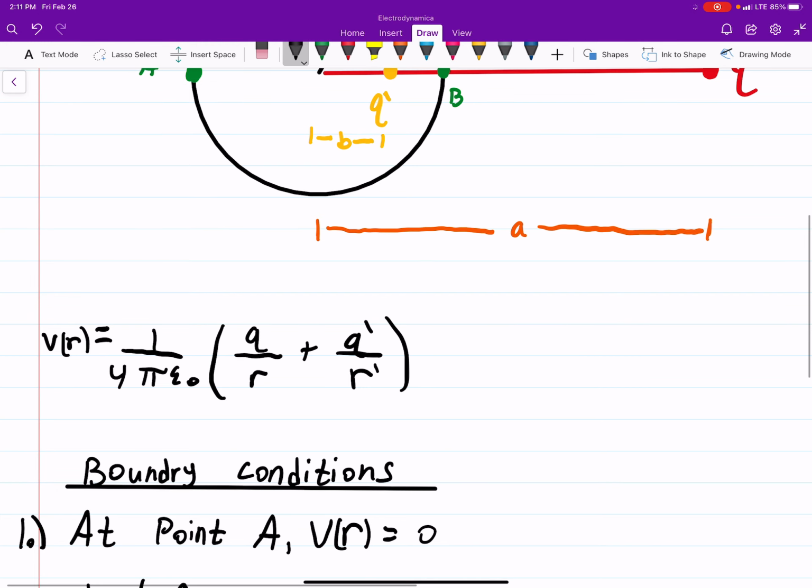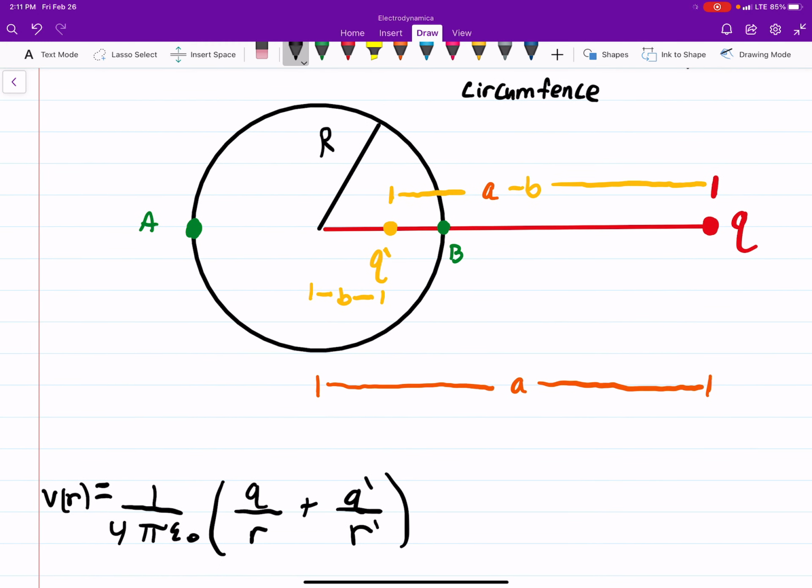Well, what is r? In this case, our r is going to be our big R, so that's just going to be the radius plus a. That is the distance we're covering. To get to this point A, how far is point A? Well, if you go a distance r from point A, you're at the center, and then if you go an additional little a, you'll be at point charge q.